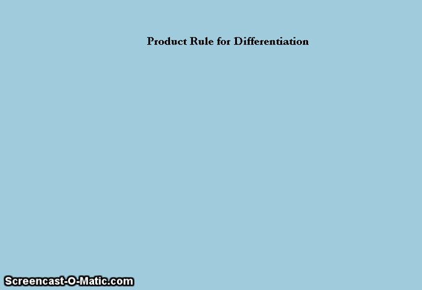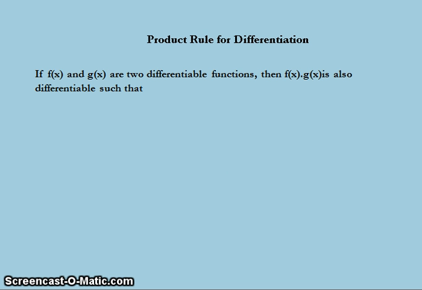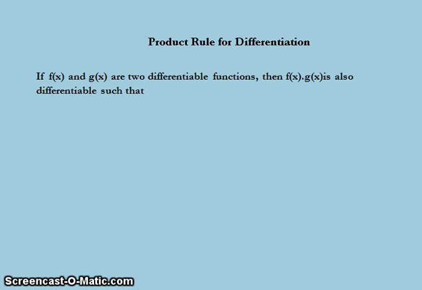Now beginning with the product rule for differentiation, we consider the functions f(x) and g(x), which are differentiable functions at x, and if f(x) into g(x) is also differentiable, such that the derivative of f(x) into g(x) with respect to x is equal to f(x) into derivative of g(x) with respect to x plus g(x) into derivative of f(x) with respect to x.